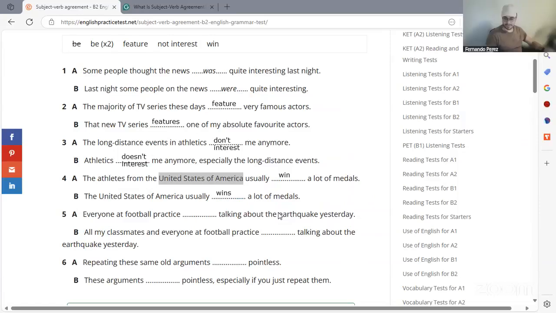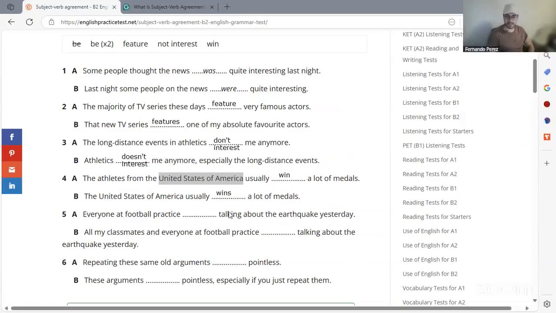Number 5. Everyone at football practice was talking about the earthquake yesterday.